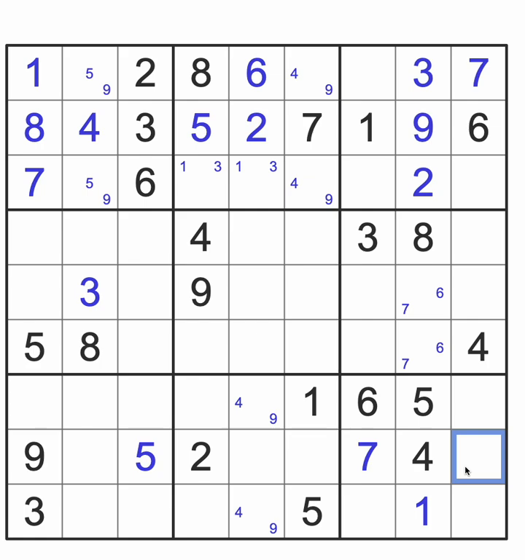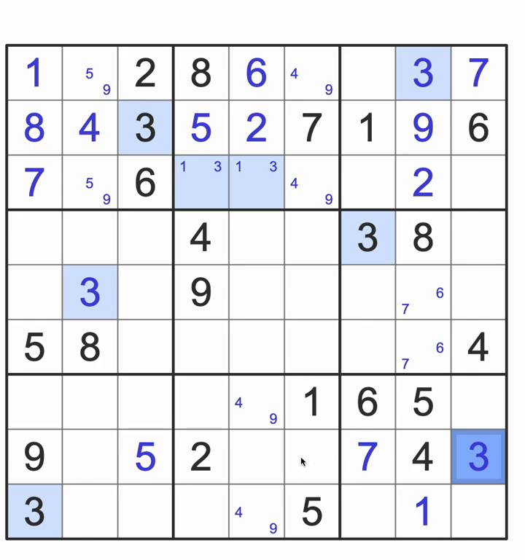That makes this cell a 1, 3, 6, 8. Okay, so let me put all the numbers here. This row is missing 1, 3, 6, 8, and here's 1 and 6. So this will be 3 or 8, but 8 will be here or here. So this cannot be 8. That gives me 3 here.